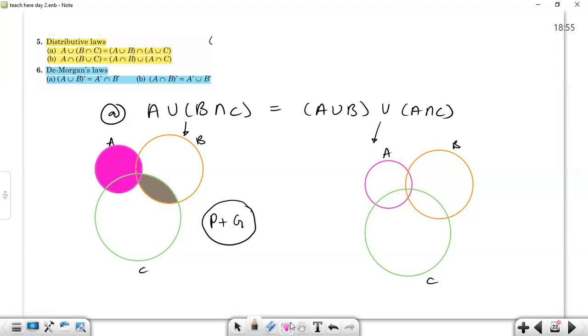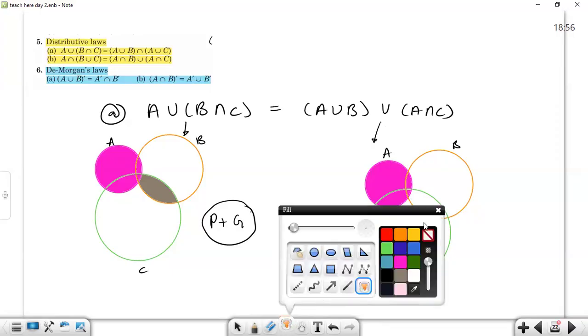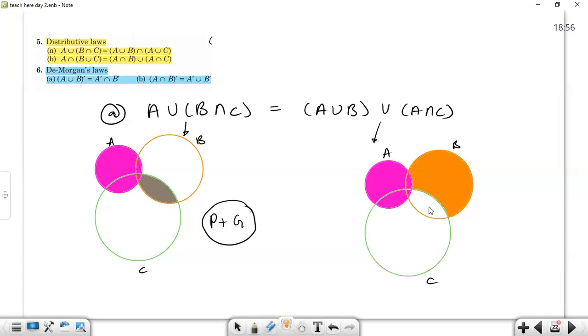A union B is what? This is A unified with B. This is A union B, and also A intersection C. Yes, I have made a mistake. Intersection here.